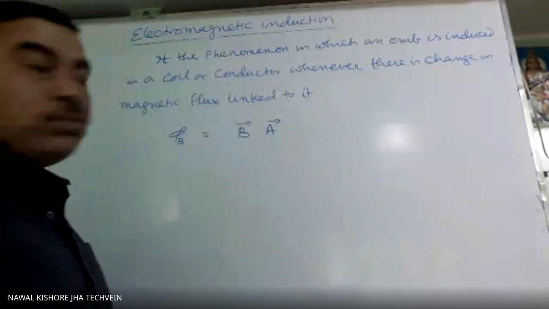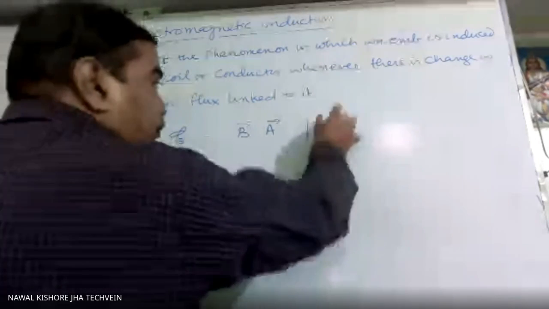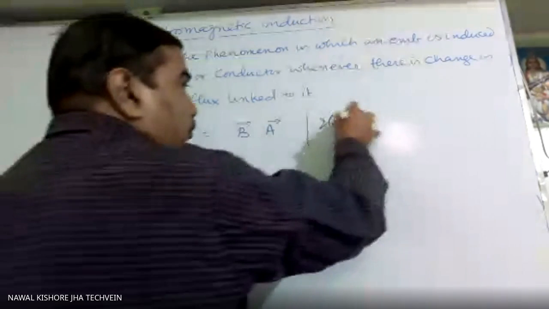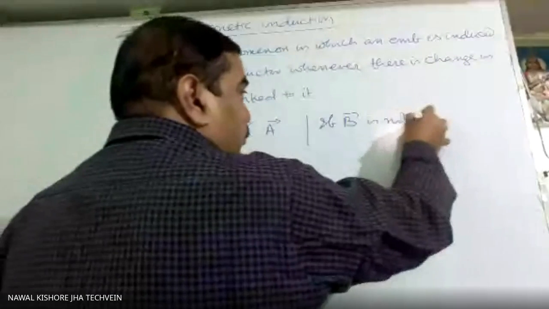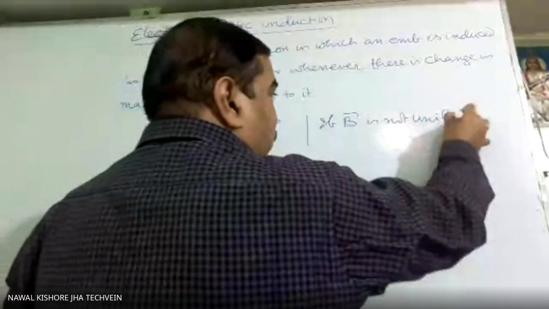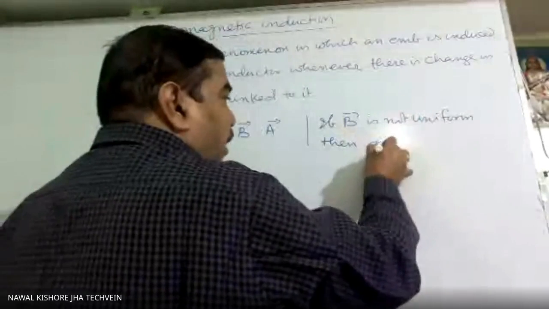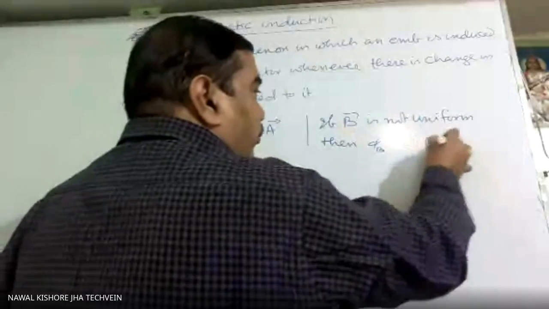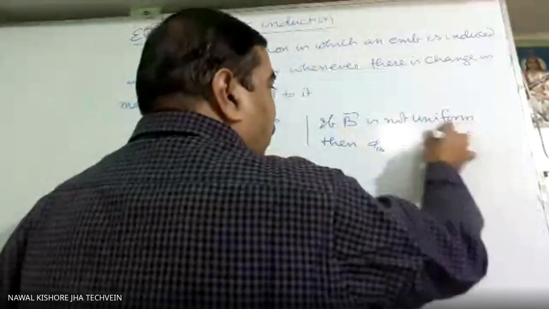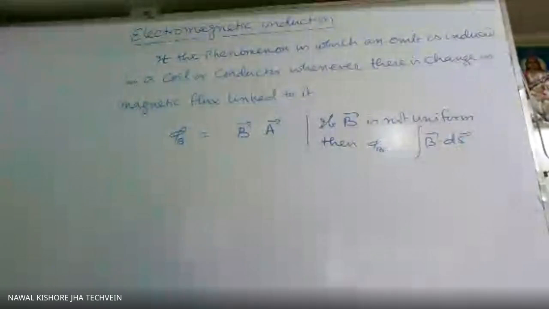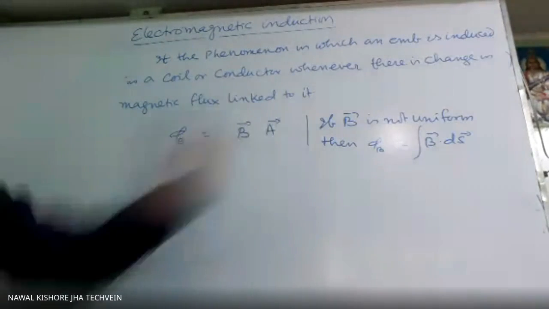If B is not uniform, then how will you find it? Then this phi B will be the integration of B dot dS. For a small area we will find it and then we will integrate it. It is given by the dot product only.